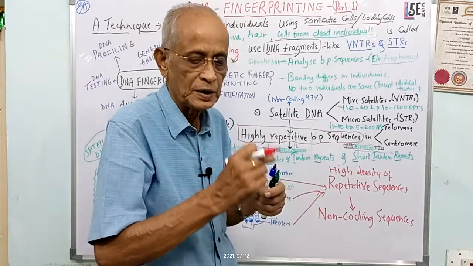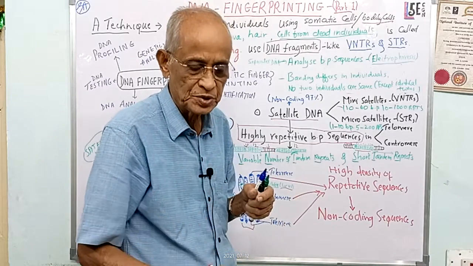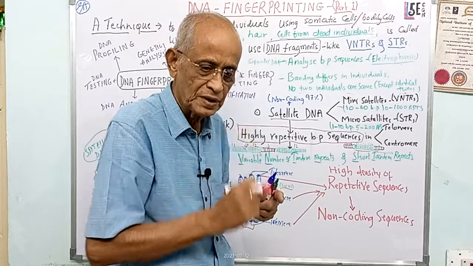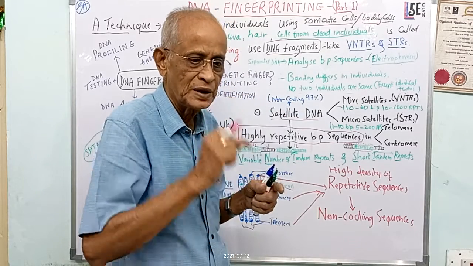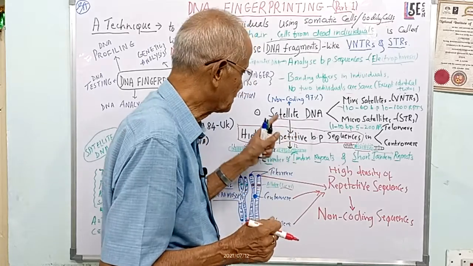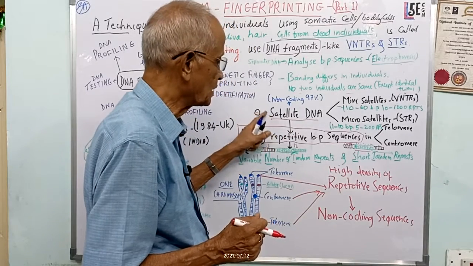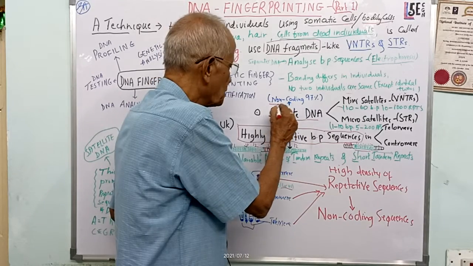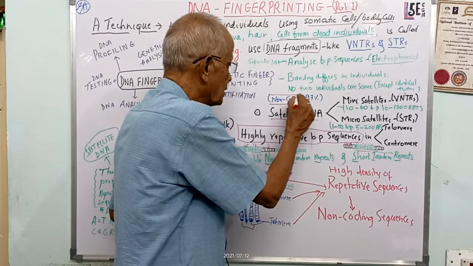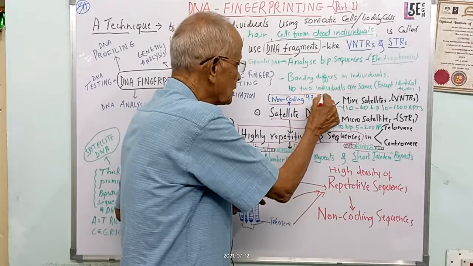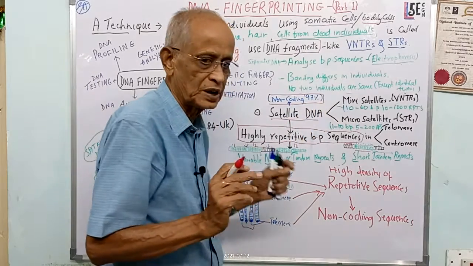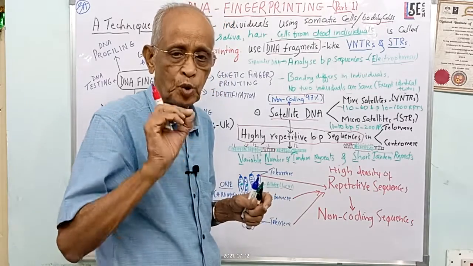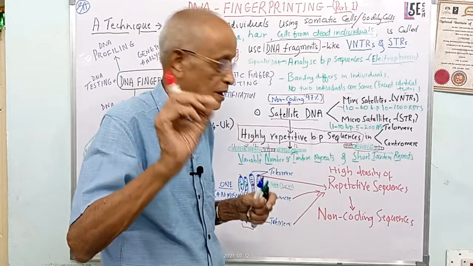Such repeated sequences, if they are in tandem of cytosine and guanine, thymine and adenine rich areas, are called the satellite DNA. Please remember, satellite DNA is a non-coding DNA. It does not code, and that will be nearly 97% of our genome. Only 3% of the genome will code for the polypeptide chains.